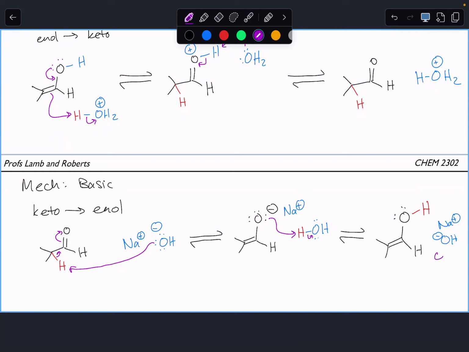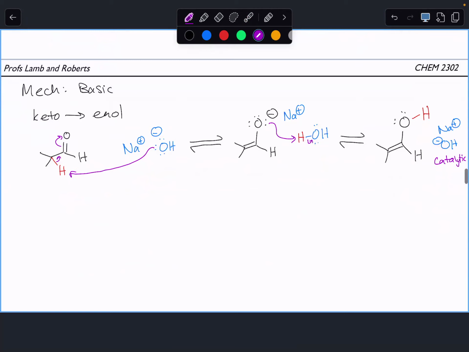So again, this is catalytic. Yet again, it's 2 proton transfers. We just did them in the opposite order. We did deprotonation followed by protonation. Okay, the hard part is knowing what gets protonated or what gets deprotonated at which time.